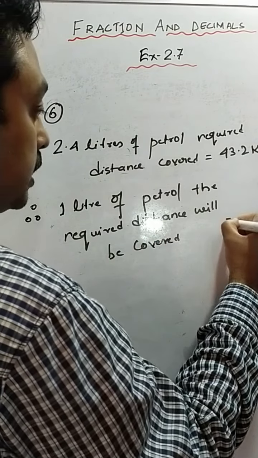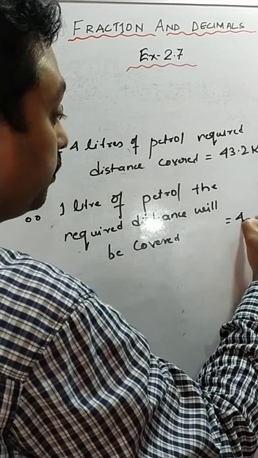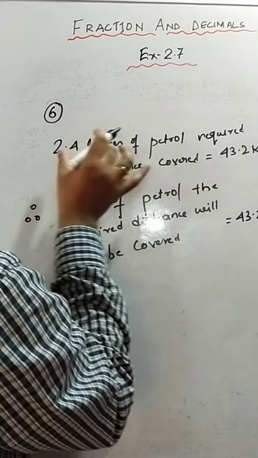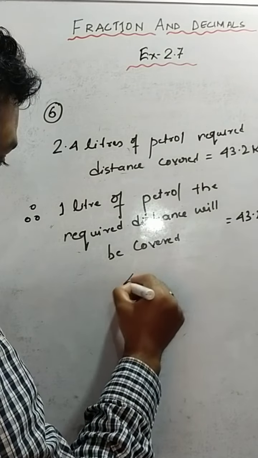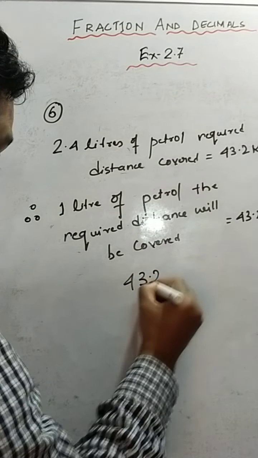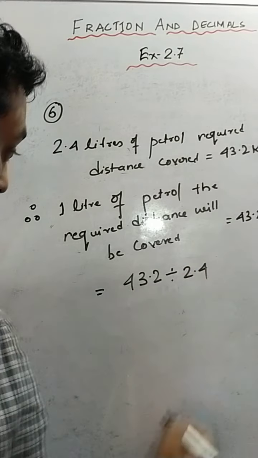So it will be less, isn't it? So when you're saying less, then we have to divide. We have to divide with what? The total distance with the total petrol it is having. So see, I'm doing this solution here so that everyone can see properly. So 43.2 divided by 2.4.